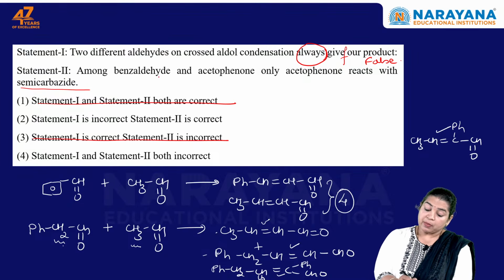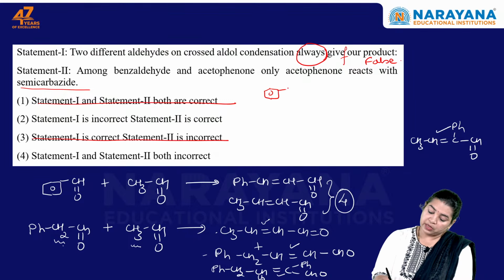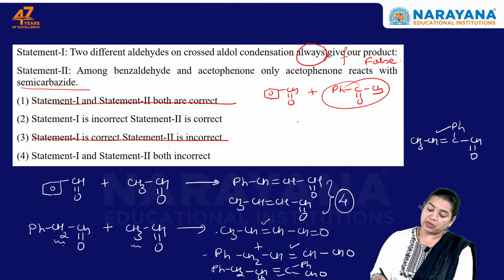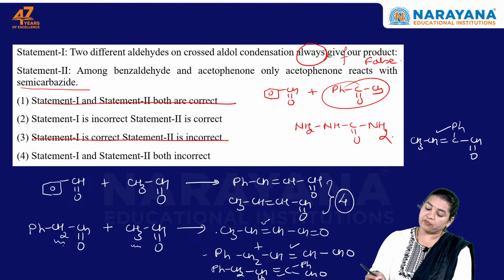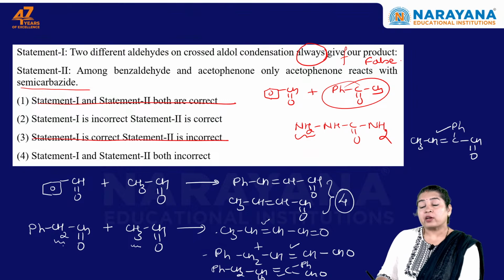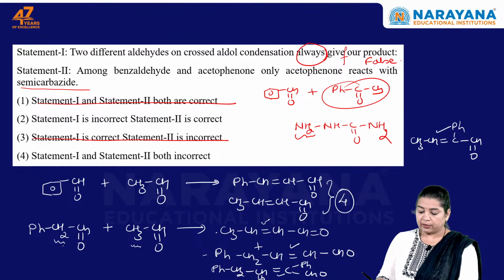Coming to the next, among benzaldehyde and acetophenone. Now, benzaldehyde is PhCHO, and acetophenone is PhCOCH3. Only acetophenone reacts with semicarbazide. All of you must be remembering what semicarbazide is. This is what they are referring to. It is a reaction of addition of aldehydes and ketones with ammonia and derivatives.